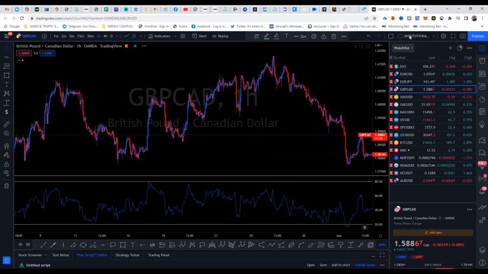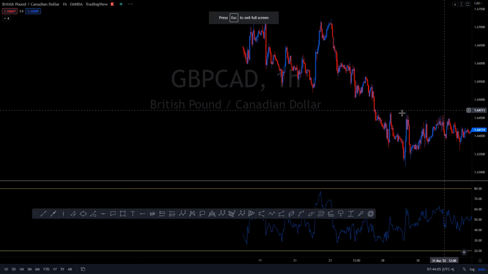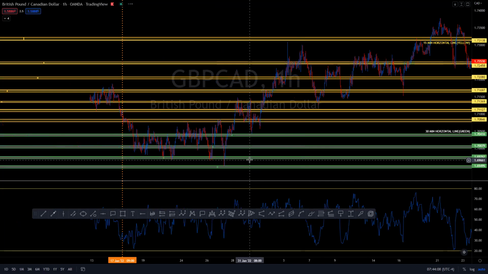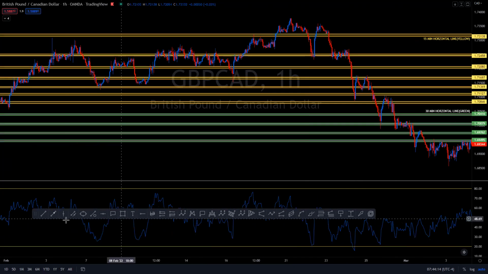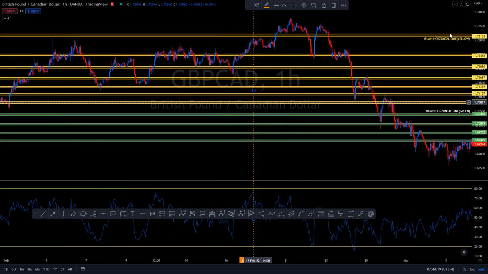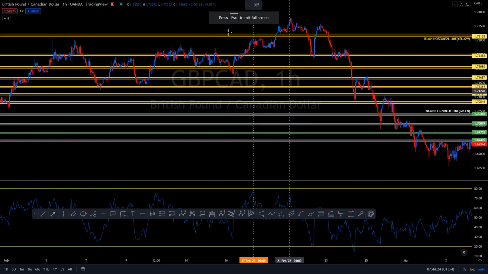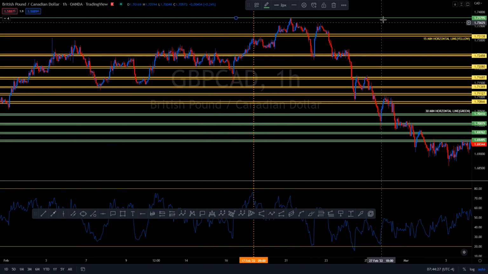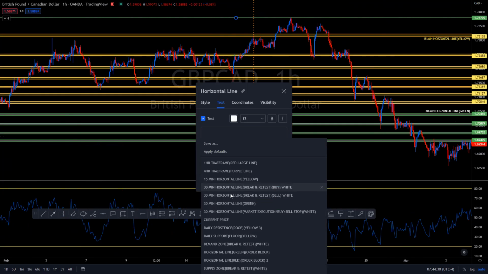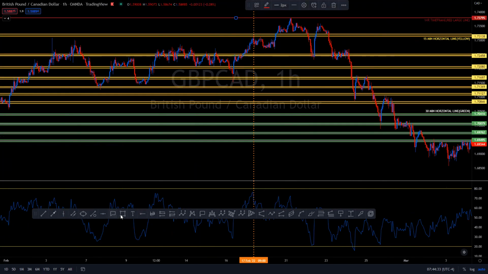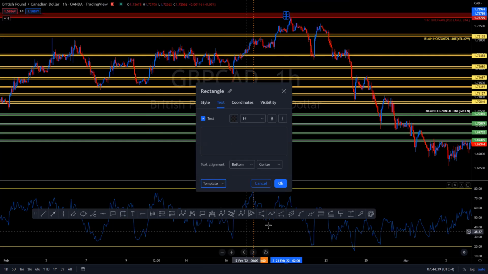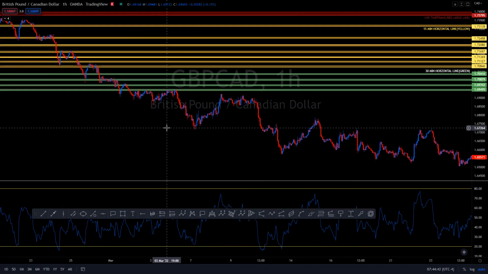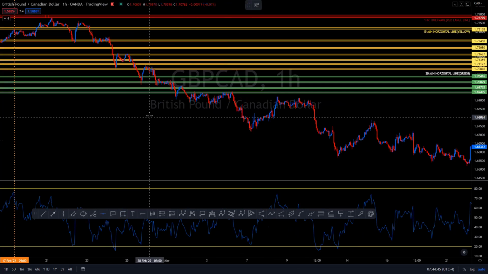Now, I'm going to move on to the 1 hour. So now with the 1 hour, the vertical line here, going to make this red. Vertical line. So I'm marking up these areas here.